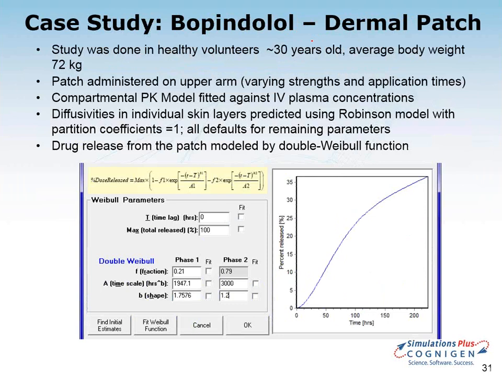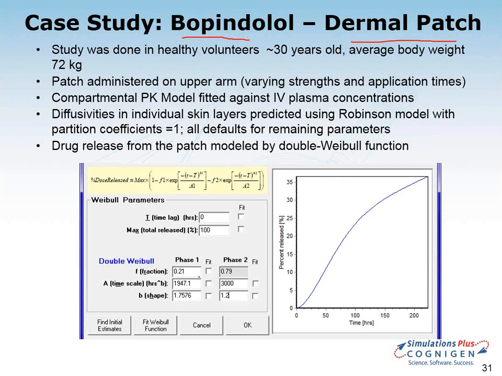Another example for a different type of administration is the dermal patch, where we found data in the literature for vopindolol, where the patch was applied to the skin for different times, or a different size of patch was applied.